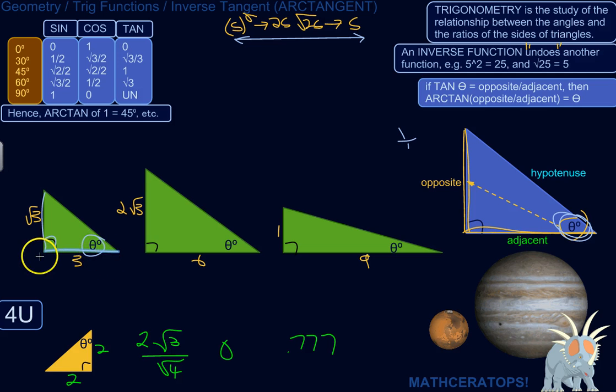So I know that the tangent of theta is equal to the ratio of the opposite to the adjacent, so it's square root 3 over 3. That's the tangent of theta degrees. So if I take the arctangent of square root of 3 over 3, that'll tell me what theta is.